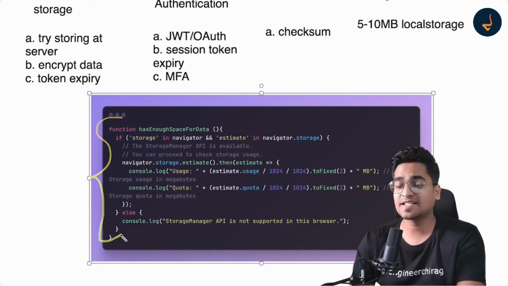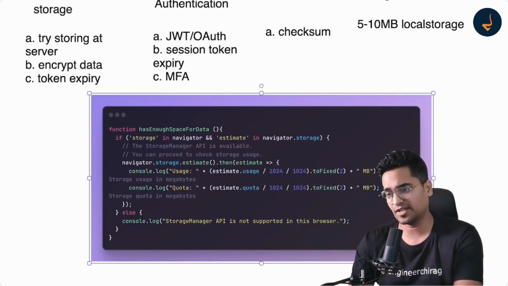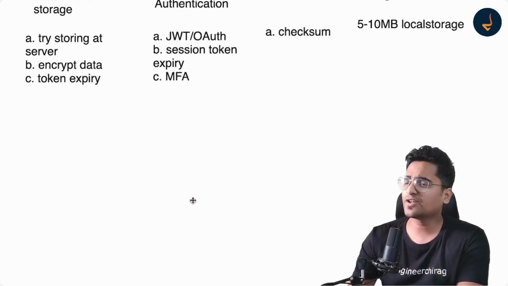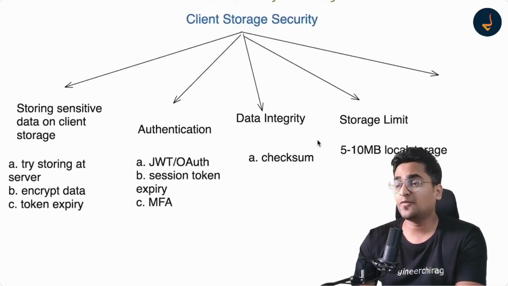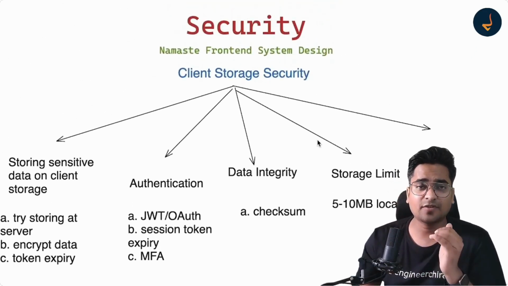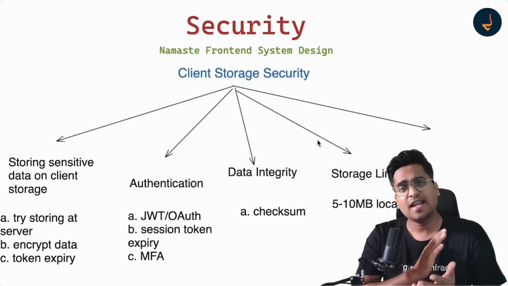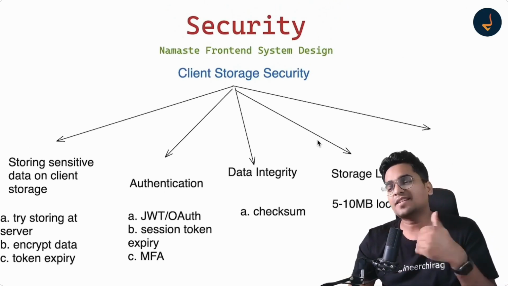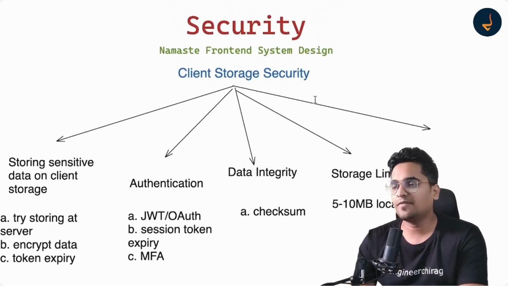Those kinds of things make a lot of sense in such scenarios where you have a cap. With that, let me also introduce one more thing. Although we have a different section altogether where we are talking about client side storage, any storage, still let me talk at a very high level.